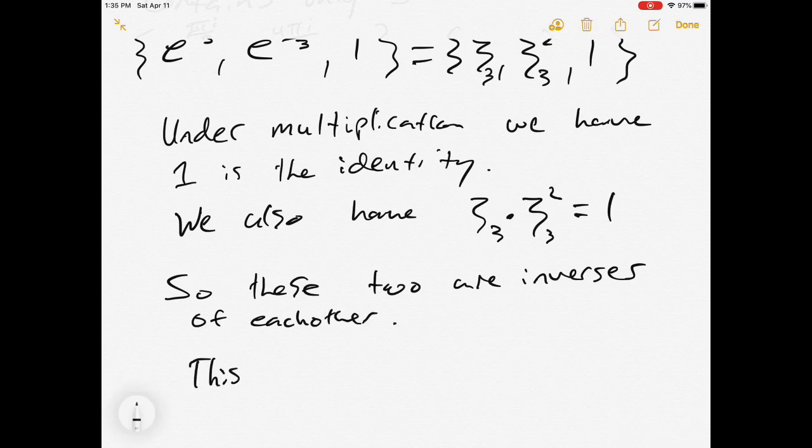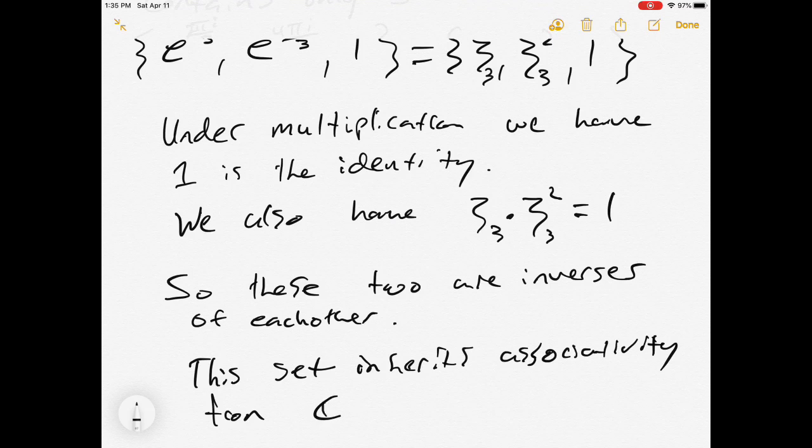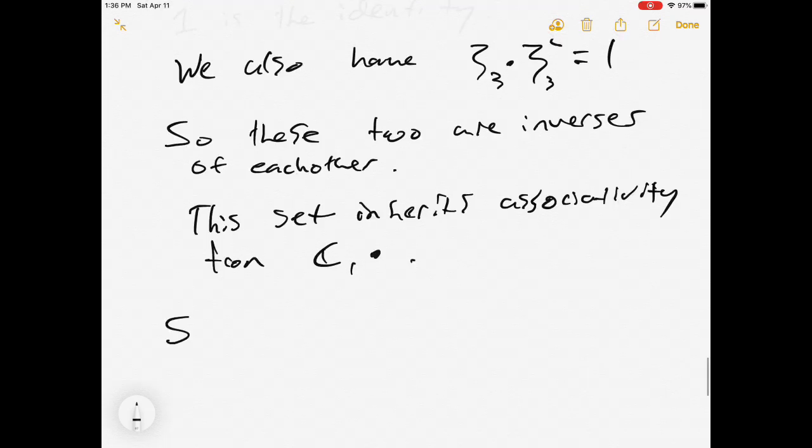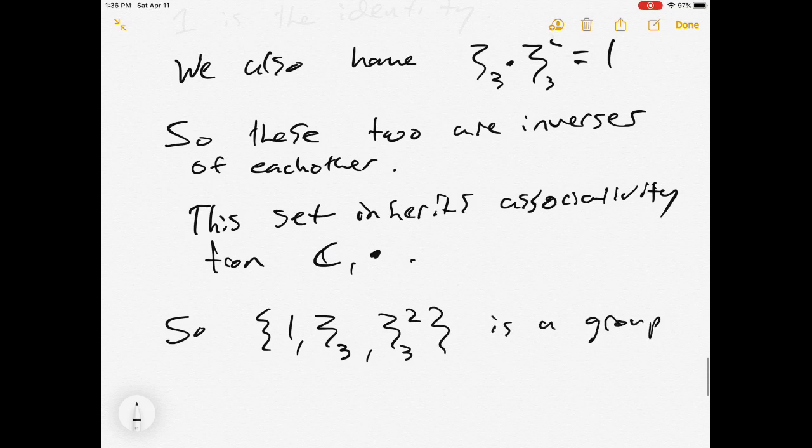Lastly, the set inherits associativity from the complex numbers with multiplication. So this set 1, zeta 3, and zeta 3 squared is a group under multiplication.